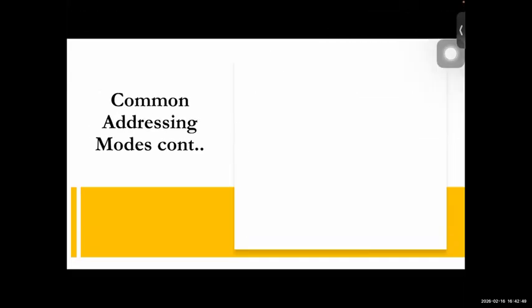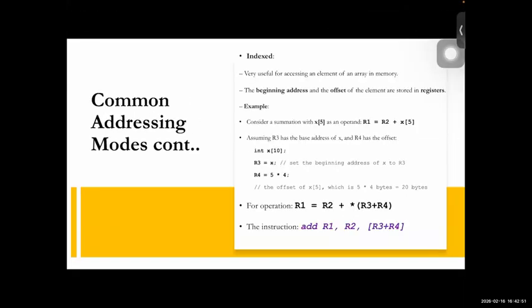By looking at this instruction, we can easily identify the addressing mode of the second operand: R3 is holding the base address and R4 has the offset of the element of the array. So this is the indexed addressing mode.